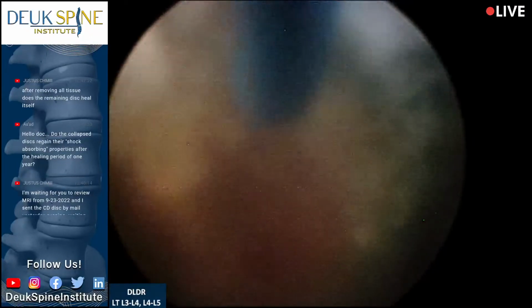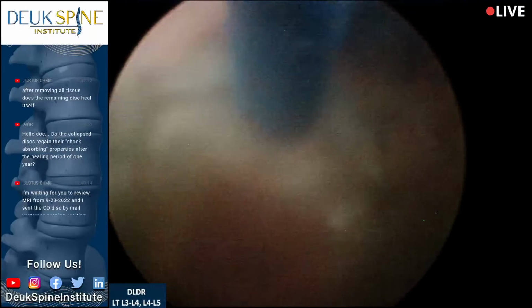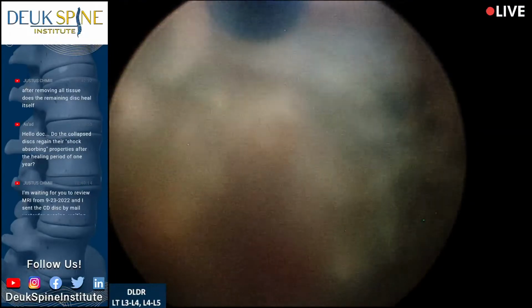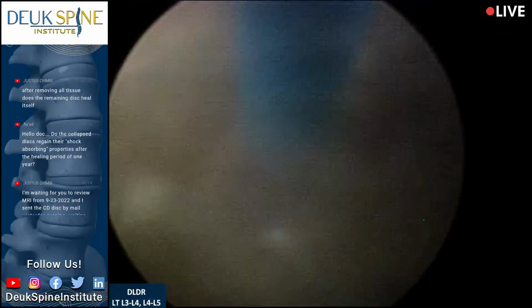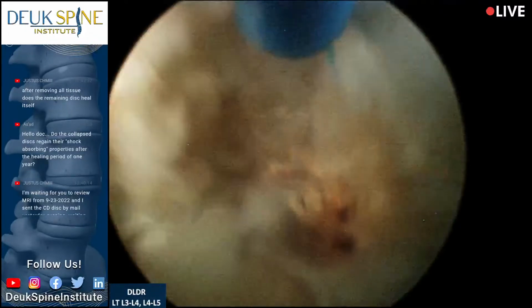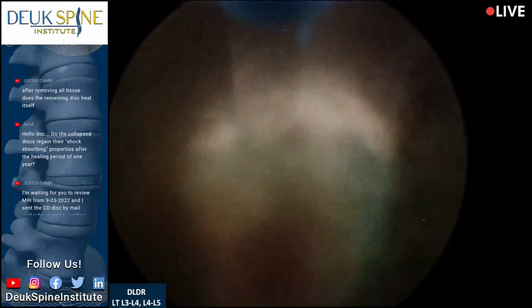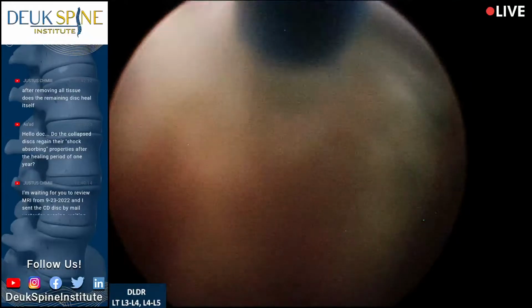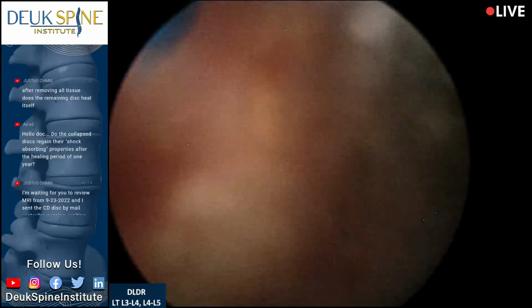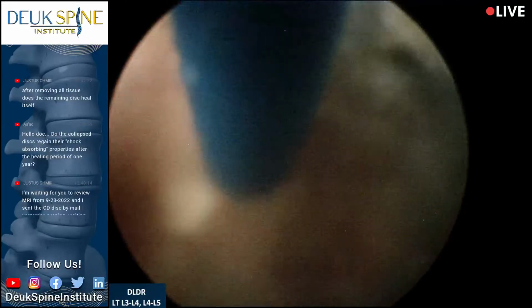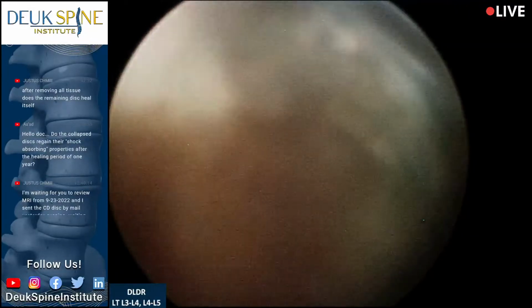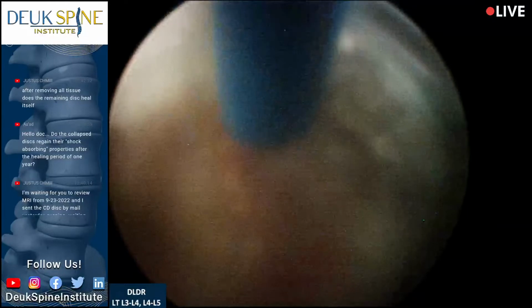So the disc itself in the center where the jelly is has no blood supply, and it's by design. Basically, evolutionarily, we've evolved to where the people with the jelly tucked away in the middle of their disc don't have pain, and they're able to function normally, take care of themselves, provide food and mobility, get around.